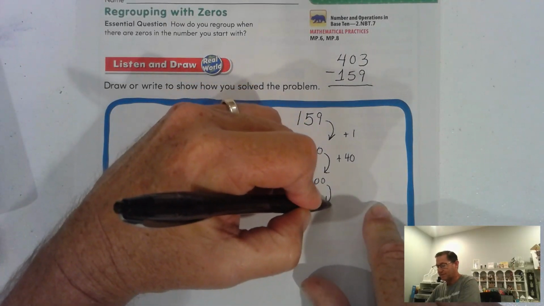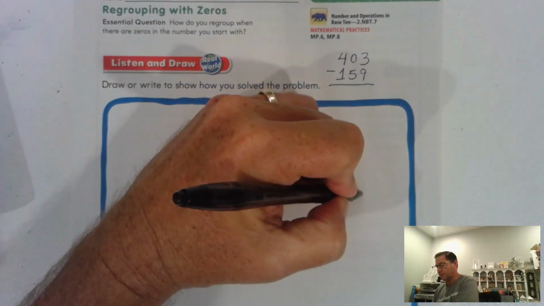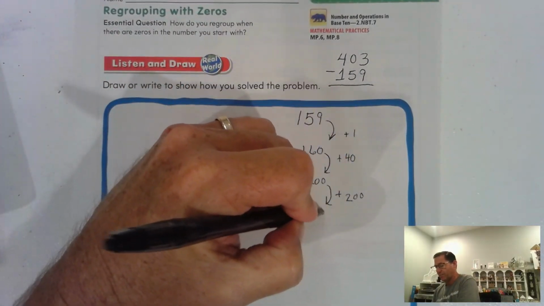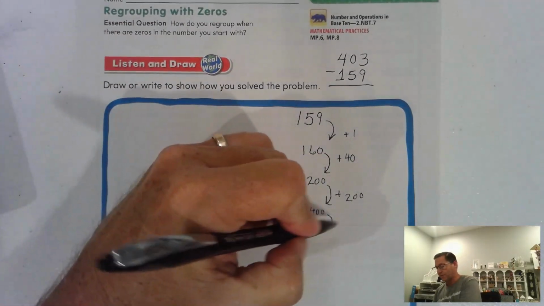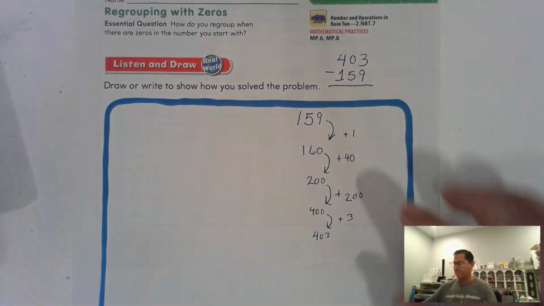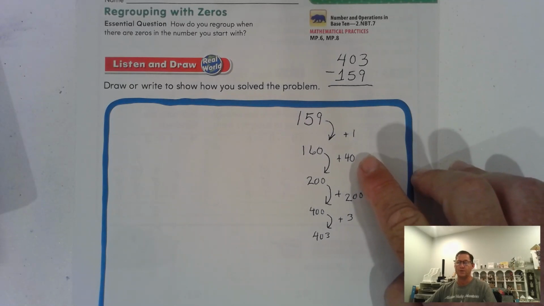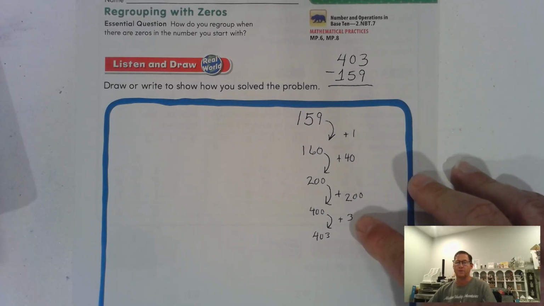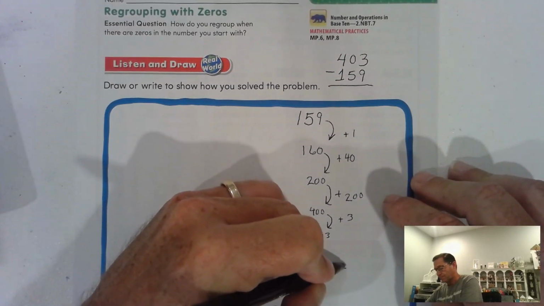What would I have to add to 200 to get to 400? 200. Okay, so now I'm at 400. And what would I have to add to 400 to get to 403? I'd have to add 3. Okay, so then we can just add these together. 200 plus 40 is 240, 243, 244.